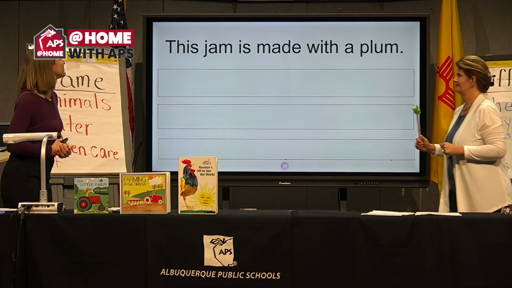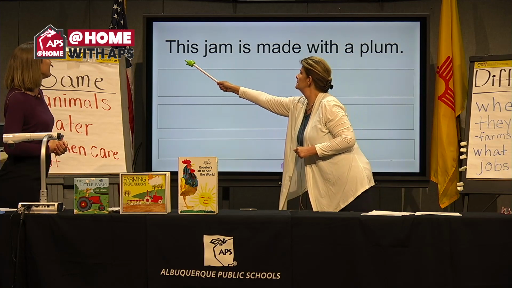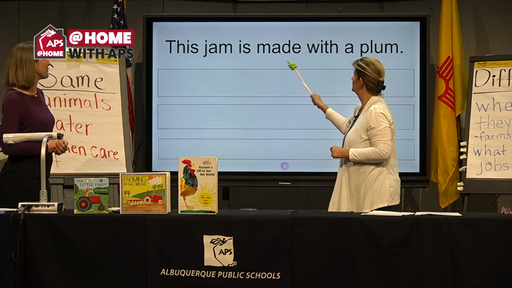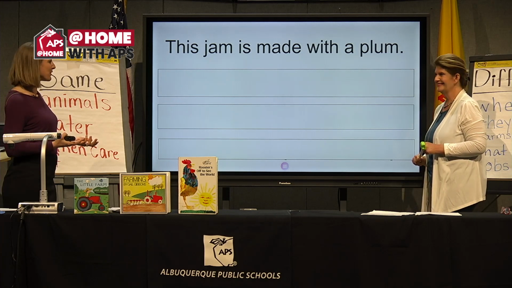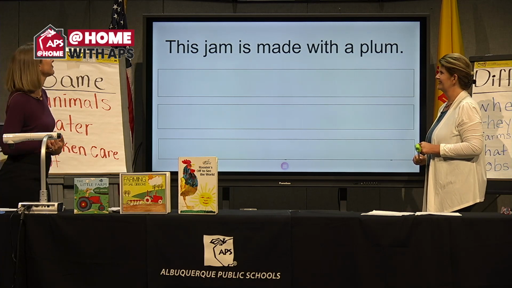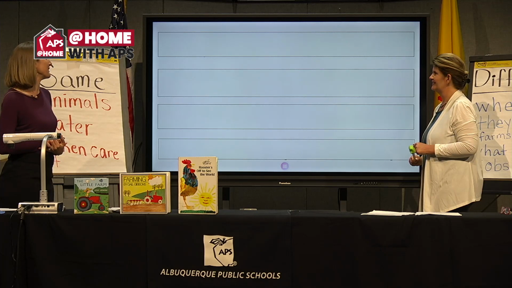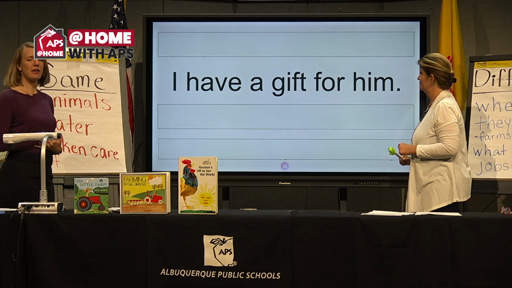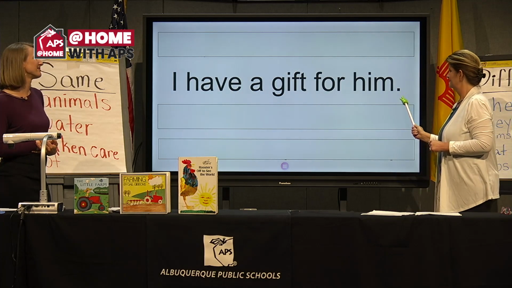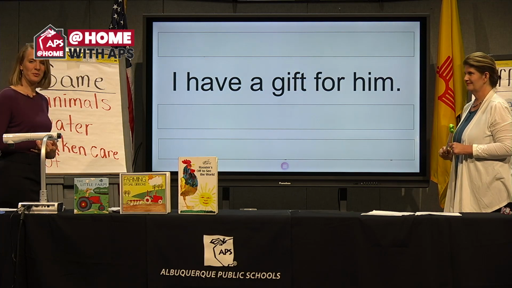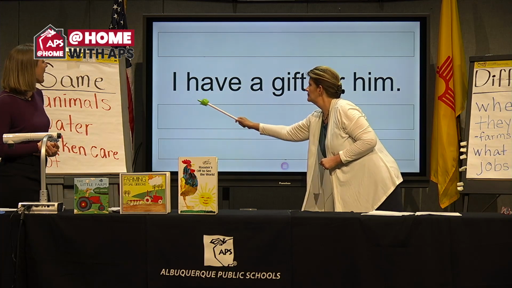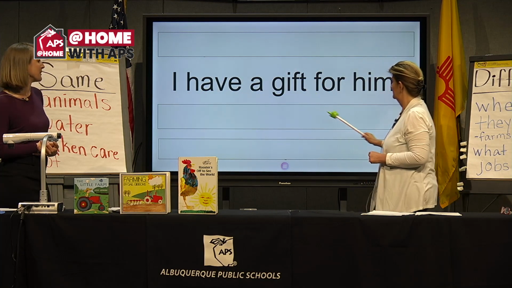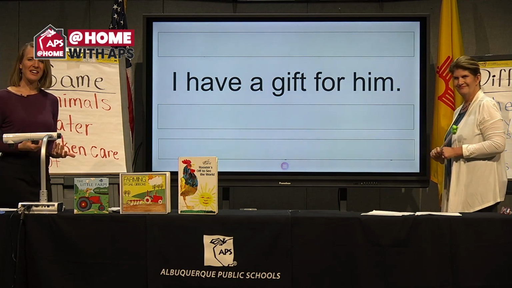Here we go. This jam is made with a plum. Perfect. That was a statement. Let's try another one. Check out that punctuation mark. Ready? Here we go. I have a gift for him. Perfect.